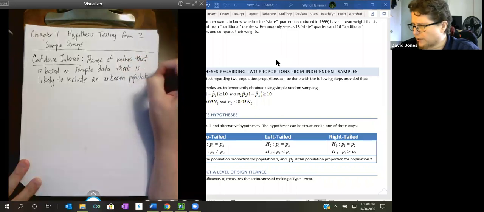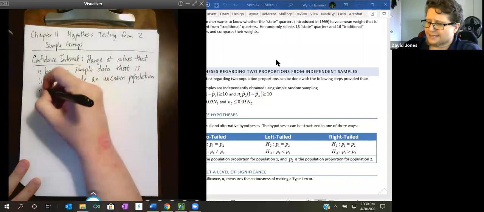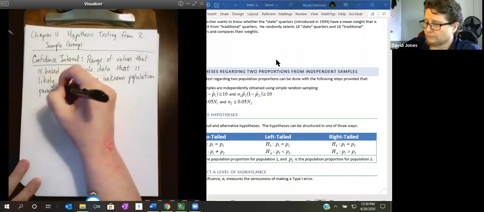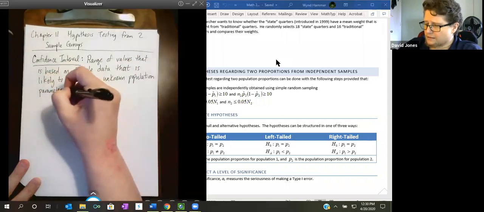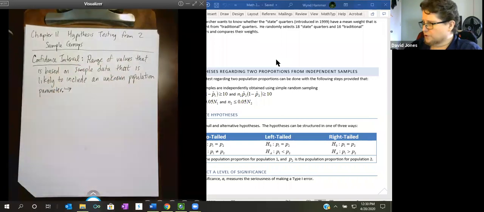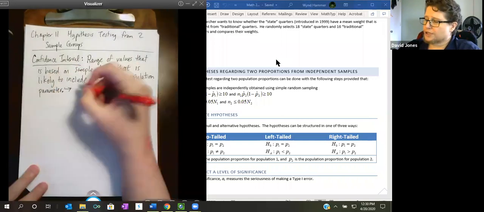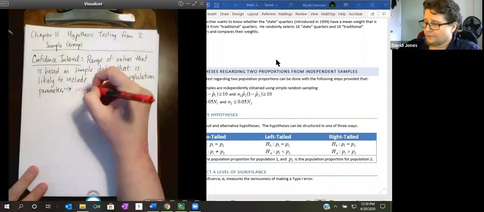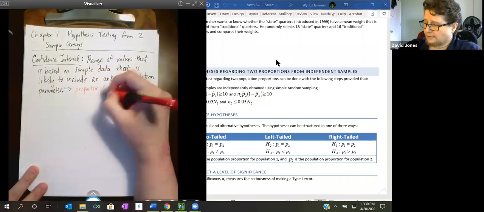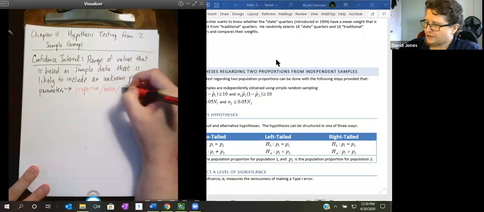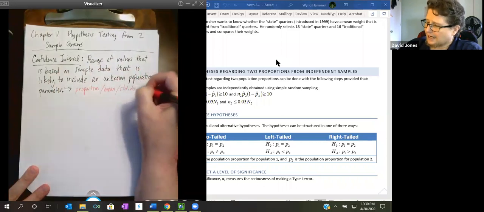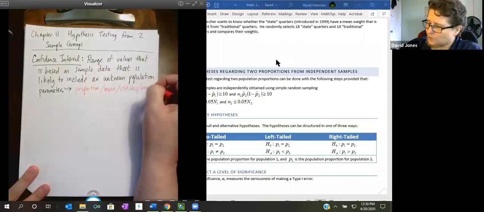Remember, parameter is when it applies to a population. Statistic is for a sample. So the options we've looked at: proportion, we've looked at mean, we could do standard deviation, and they often use variance as well.